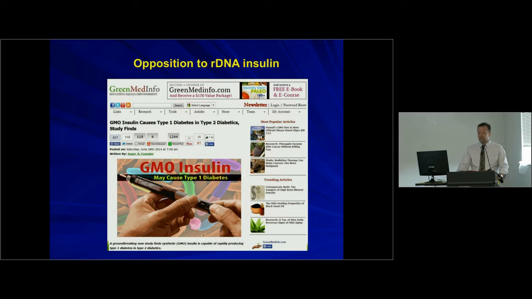This is from 2014, where they're saying that these are dangerous products, that they're unpredictable, that they're causing problems, based on something that they read in some article that may or may not have had much good information. The problem is here, readers of Green Med Info may feel that this is a legitimate scientific argument, a legitimate medical article, and maybe stay away from genetically engineered insulin.